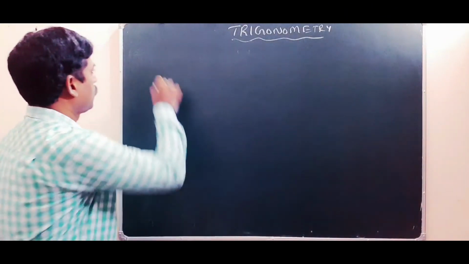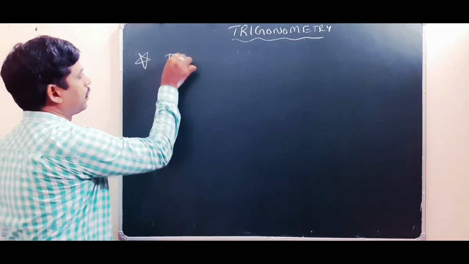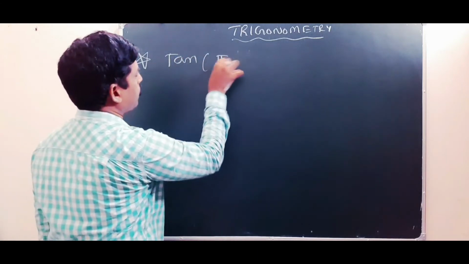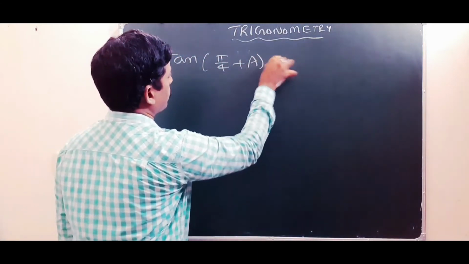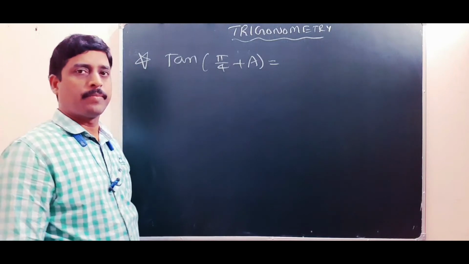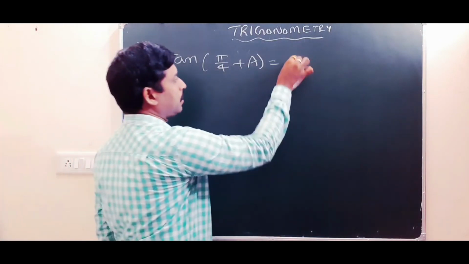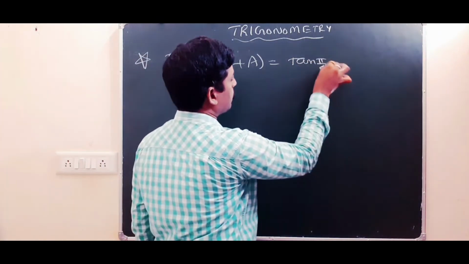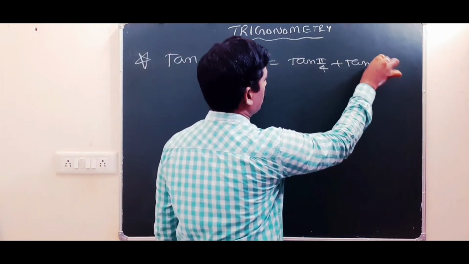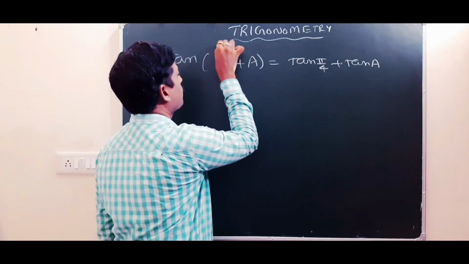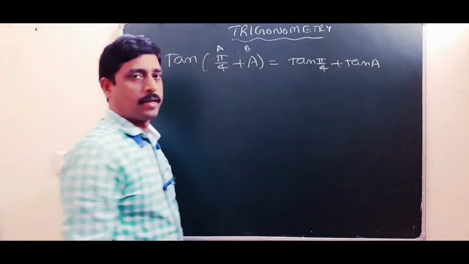Okay. Next I am going to explain tan of pi by 4 plus A, that is tan 45 plus A. So by using the tan A plus B formula, with A placed as pi by 4 and B placed as A, on the right.